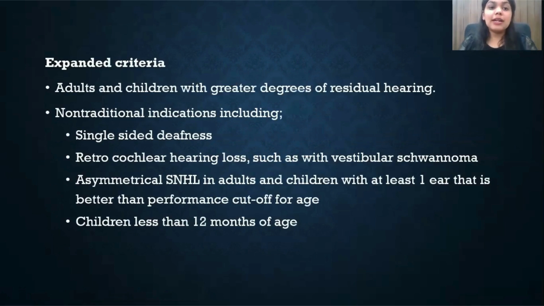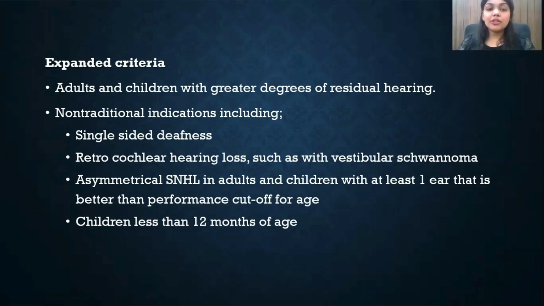And we have an expanded criteria because depending on the individual, we can consider adults or children with greater degrees of residual hearing. That is, we can consider adults who have residual hearing in low frequency but who need electrical amplification in the high frequency.